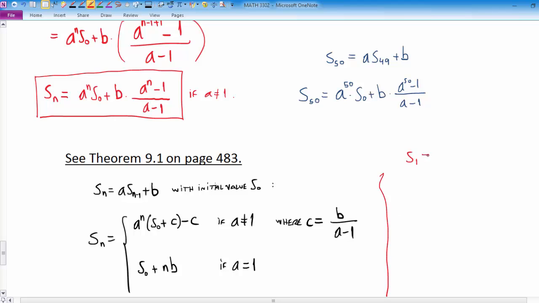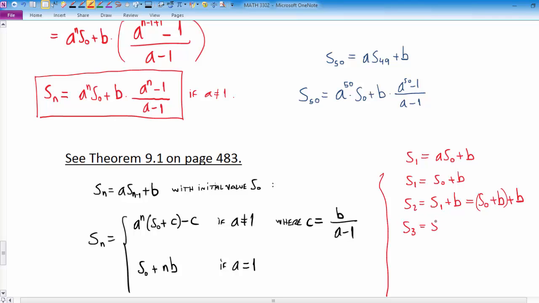Well, S1 would be A S naught plus B, but we are assuming that A is 1, so this is S naught plus B. Now S2 would be S1 plus B, which is S naught plus B plus B, right?